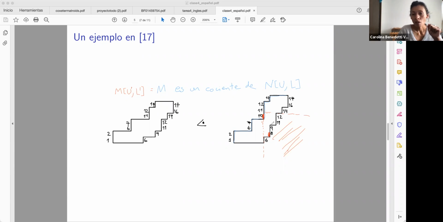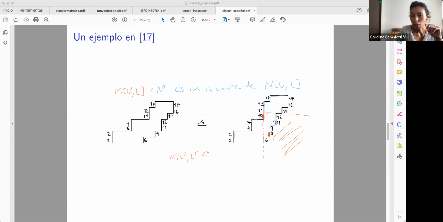But another one that I could have obtained, say a matrix M double prime, also a quotient of N, is if you choose the same 10, so you delete 10 out of the labels in U, and instead of 8, you choose 11.